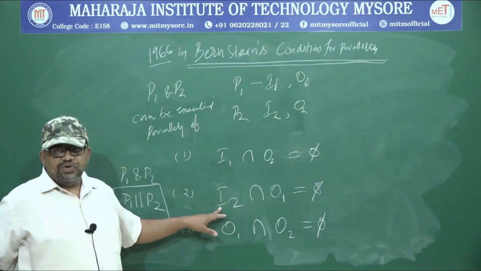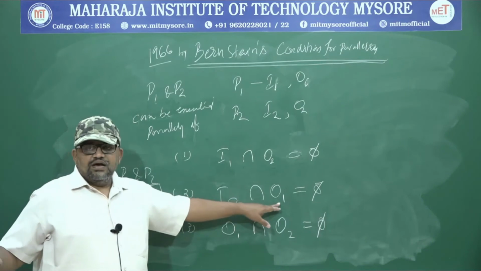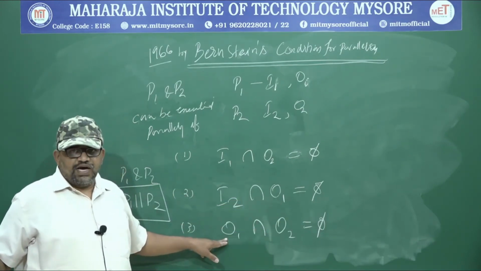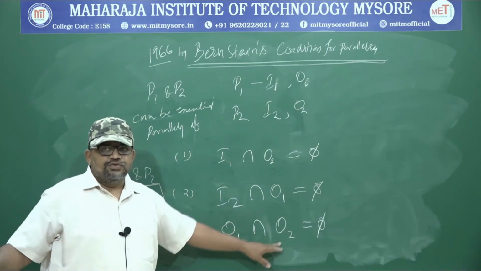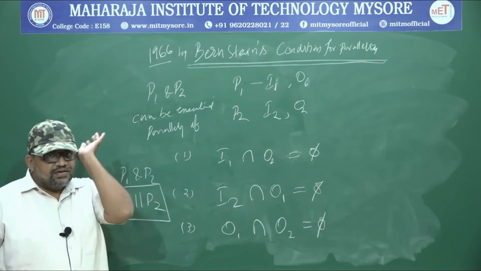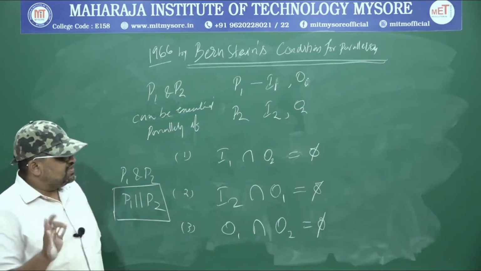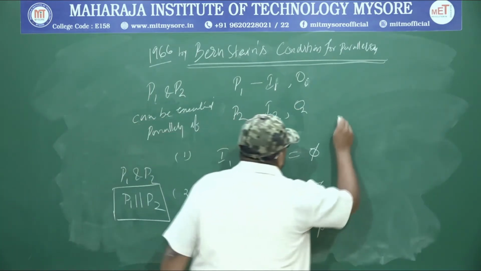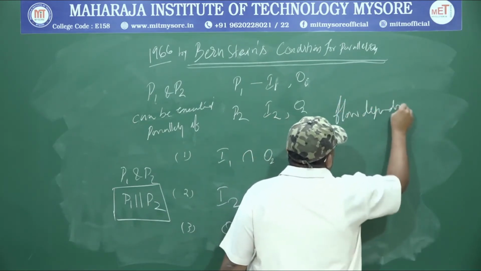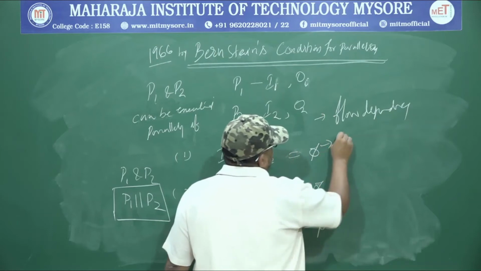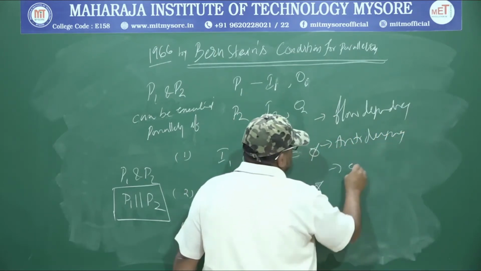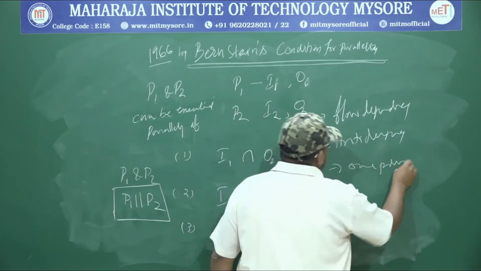Here the output of 1 is compared with the input of 2. So I would simply say that if you are able to satisfy the three dependencies, the flow dependency, then the anti-dependency, and the third one, output dependency.